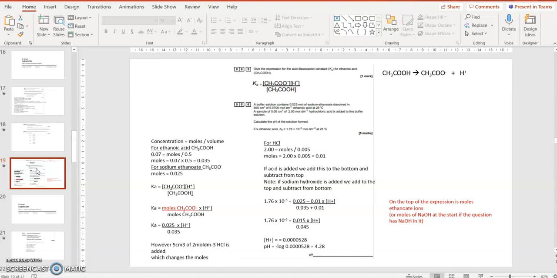In this case there isn't, but if you have to work out excess because you've added a base to an acid, it's the number of moles of excess acid on the bottom. If it then asks you to recalculate because you've added extra acid, add the extra number of moles of acid onto the bottom and subtract the number of moles from the top, or if you add sodium hydroxide, that gets added to the top and subtracted from the bottom. That's buffers.